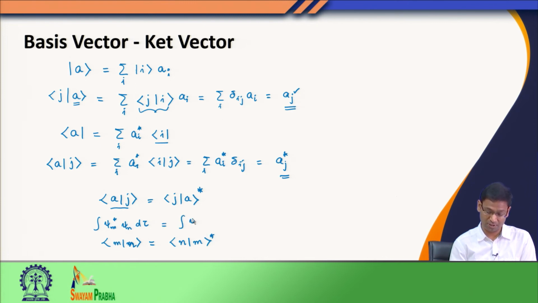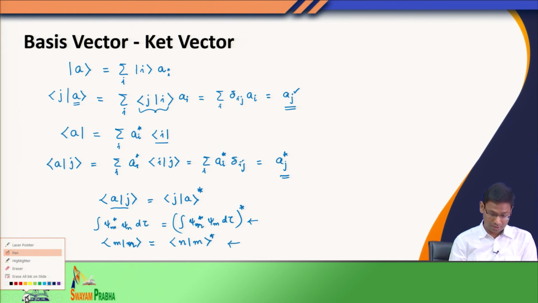So, what we would do is that I essentially have the integral of psi_m psi_n star, psi_m. So, now this is the integral way of writing and this is the bracket notation of writing.